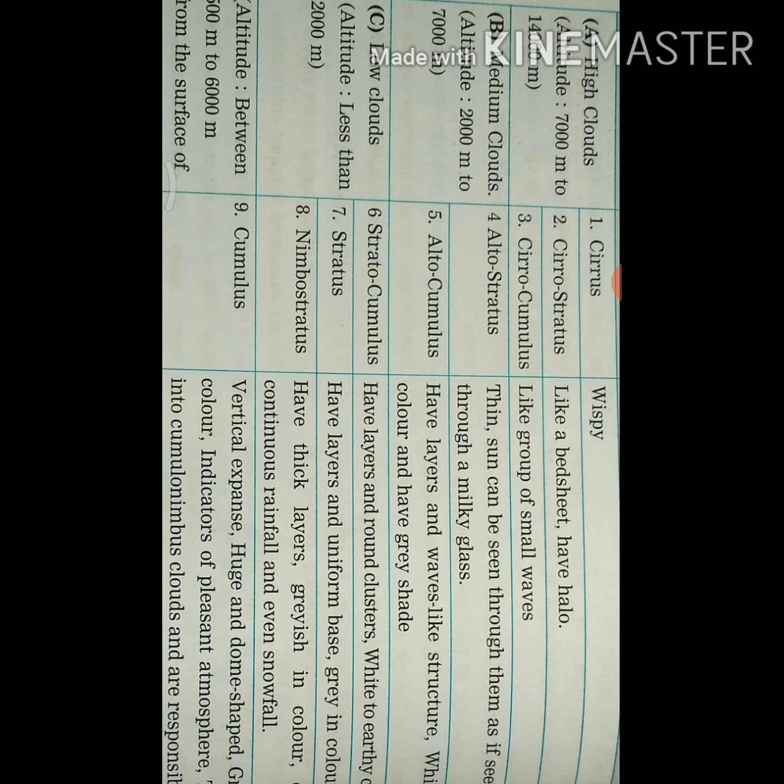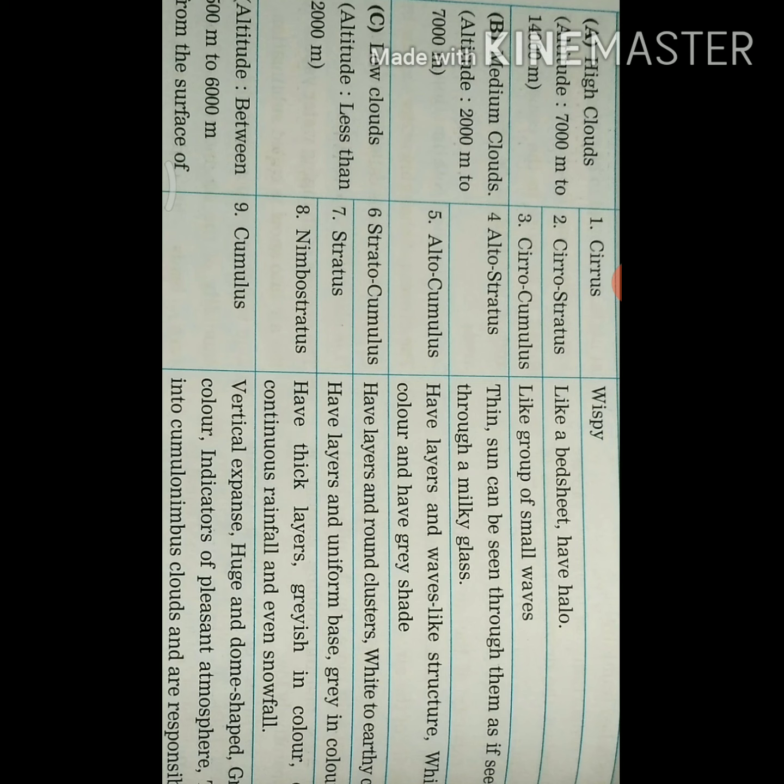Stratus clouds have layers and uniform base, gray in color. Then nimbostratus have thick layer, grayish in color, cause continuous rainfall and even snowfall. Now the rainy season is going on. You can observe the types of clouds in the sky.